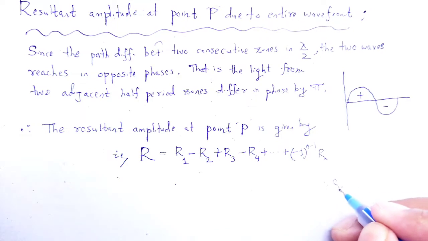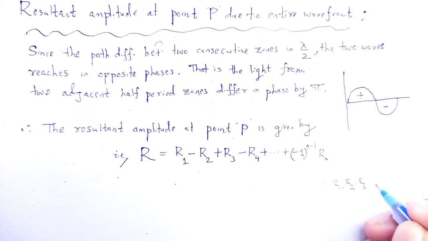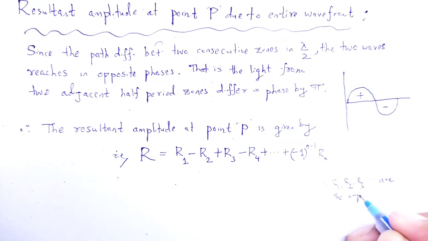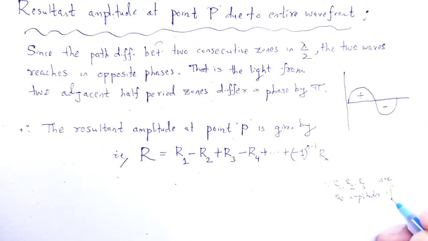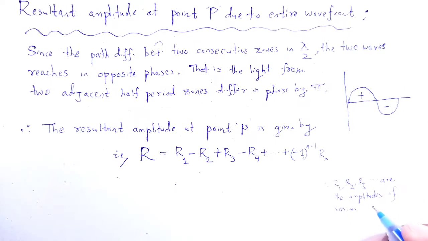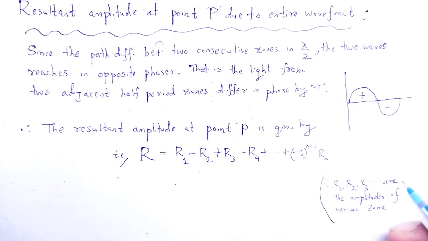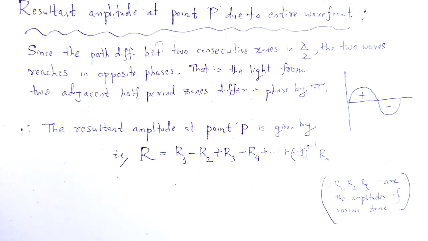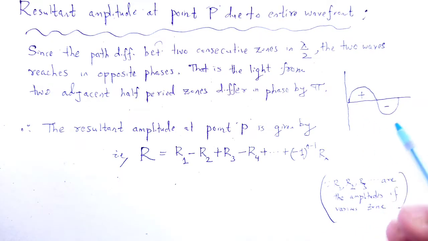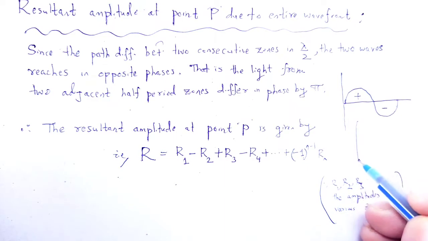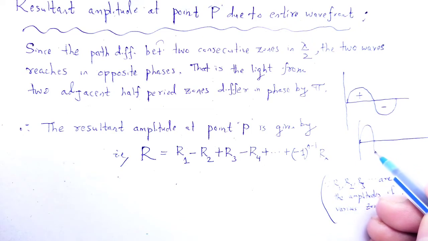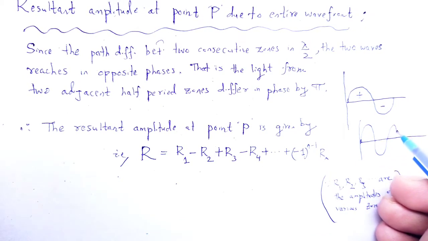Here R1, R2, R3 are the amplitudes of various zones. R1 is the amplitude of the first half period zone, R2 is the amplitude of the second half period zone, and so on. Look here, as we take the amplitude gradually decreases, the graph looks like this.